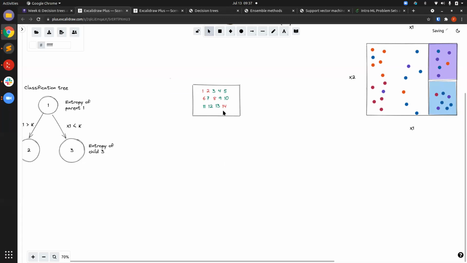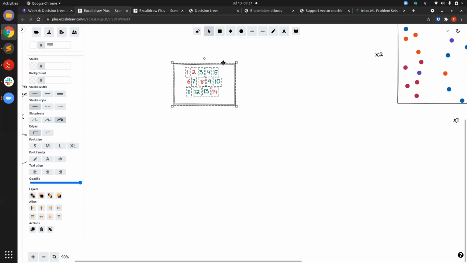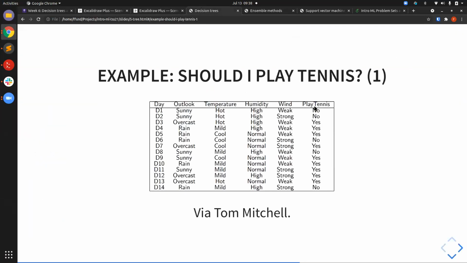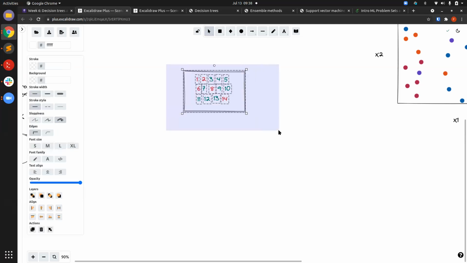At the very top node in my tree, all of the samples are in the top node. I've represented each sample by their day number, and the color indicates whether it belongs to the positive class or the negative class. How many examples do I have in the positive class?